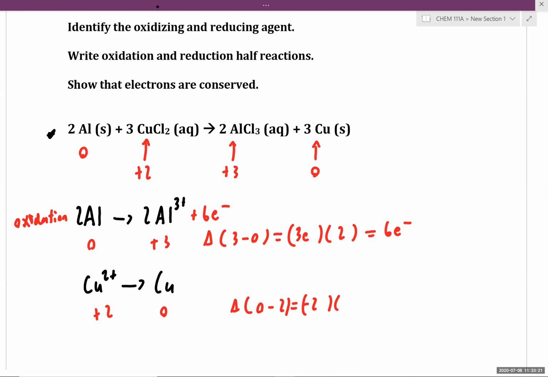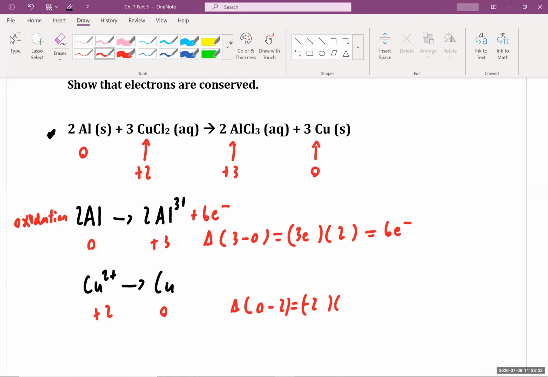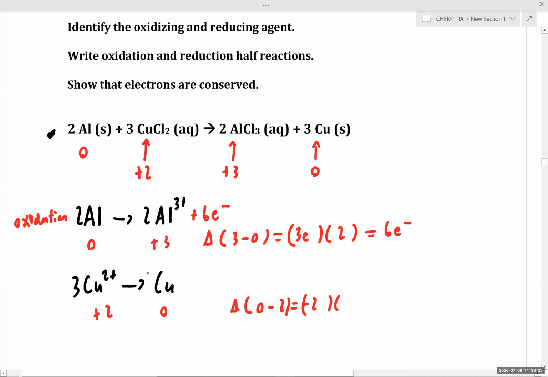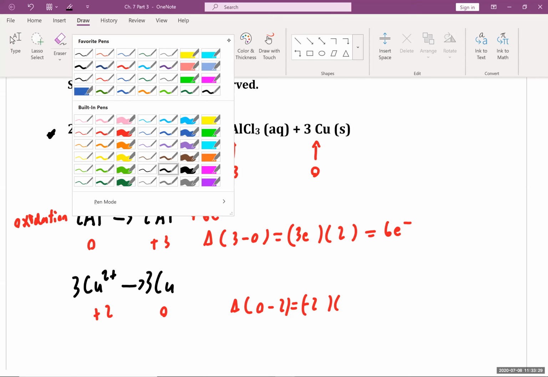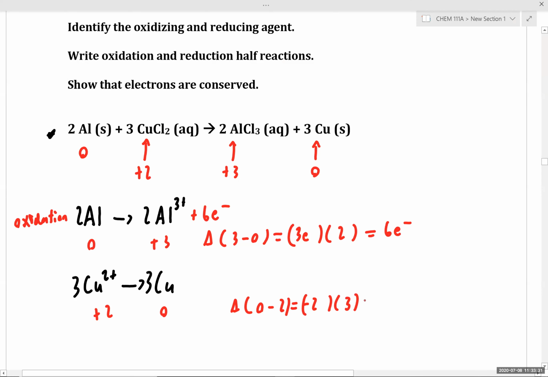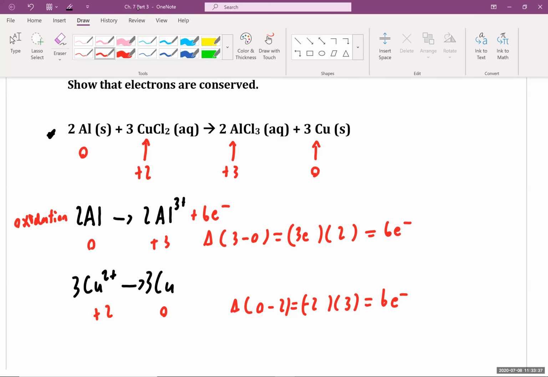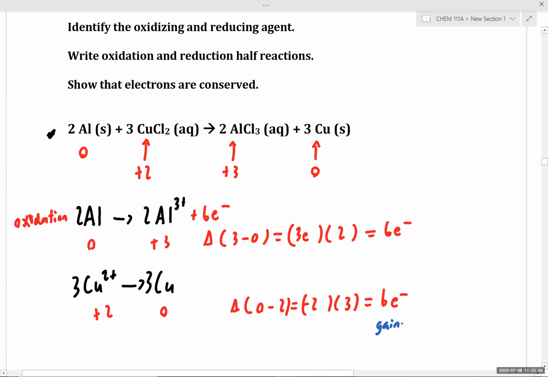Now noting the number of copper atoms in our equation, we have 3 copper 2+ going to 3 copper. That gives us times 3. So we have 6 electrons, but in this case, we have 6 electrons gained. So this is our reduction half reaction.